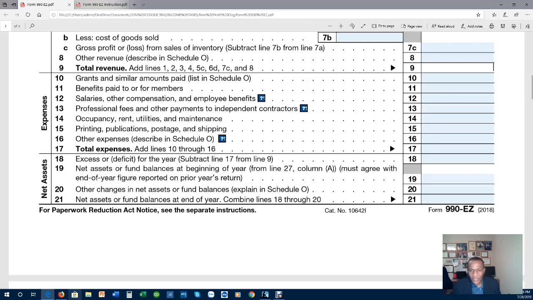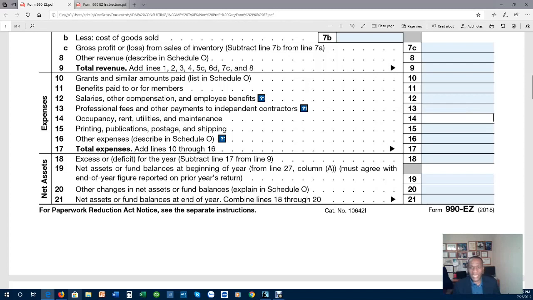Occupancy, rent, utilities, and maintenance. Occupancy would be maybe a mortgage, if you have a mortgage on the building that you occupy and operate for the organization. So occupancy, rent if you rent the space, utilities, and maintenance for upkeep of your premises would be on line 14.